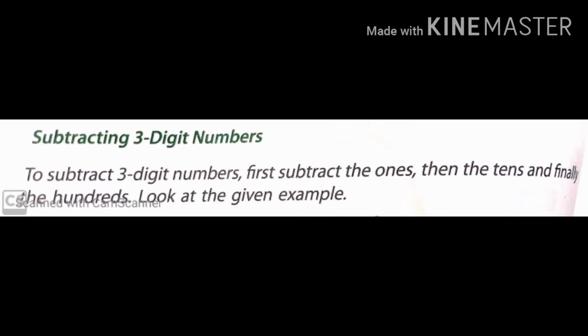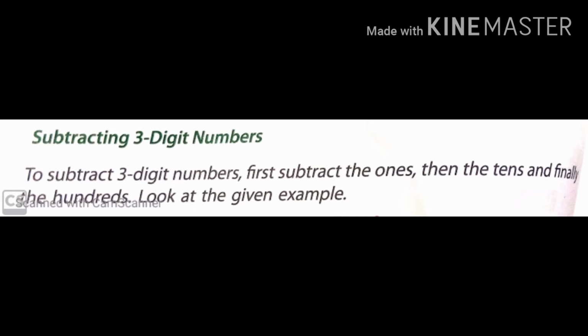Subtracting 3-digit numbers. To subtract 3-digit numbers, first subtract the ones, then the tens, and finally the hundreds.